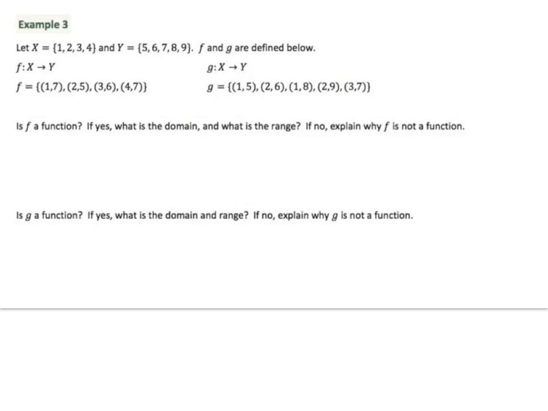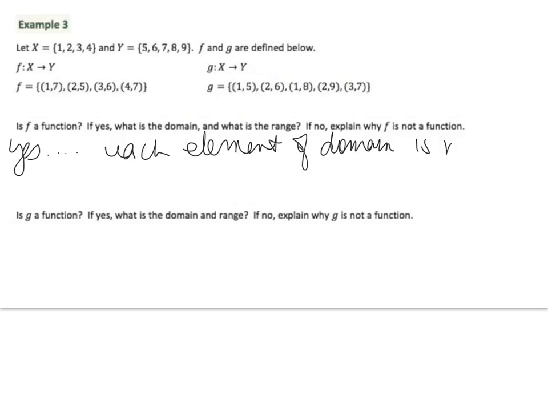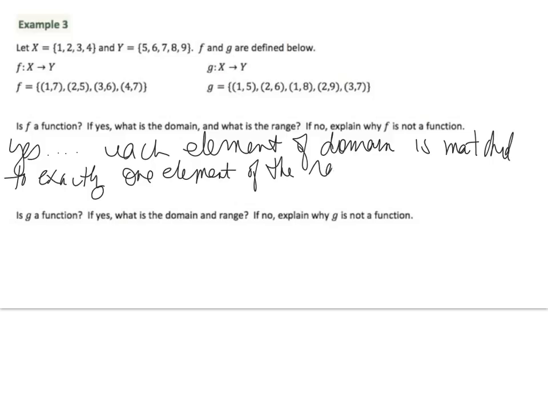If no, explain why. So for this one, we can actually say yes. Why, you might ask? Well, let me tell you. Each element of the domain, this is important, each element of the domain is matched to exactly one element of the range.